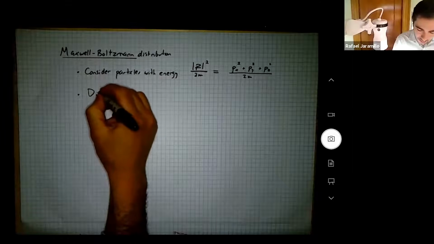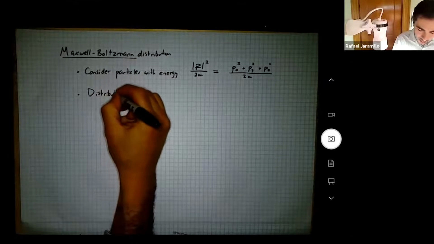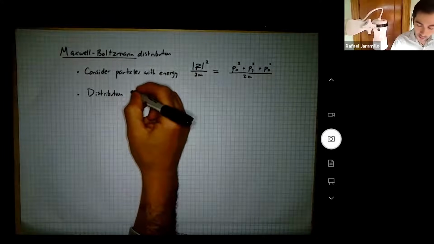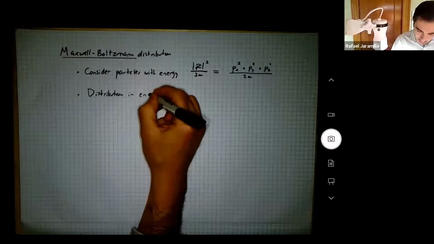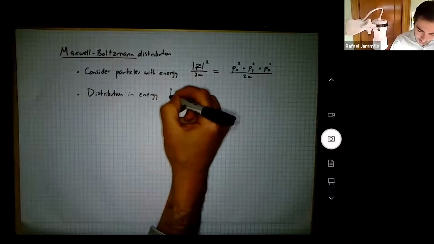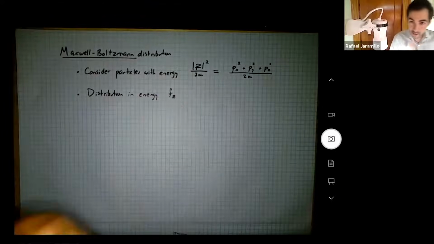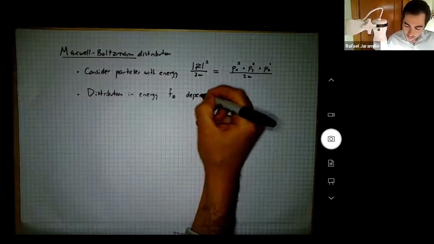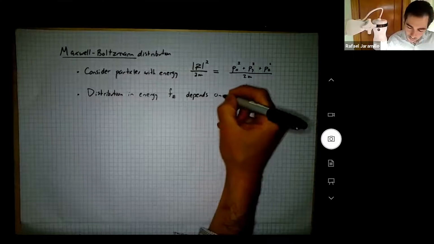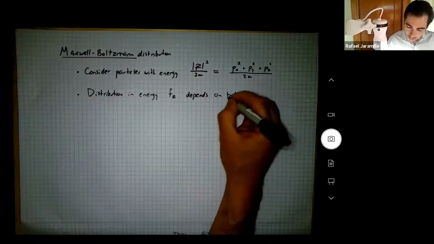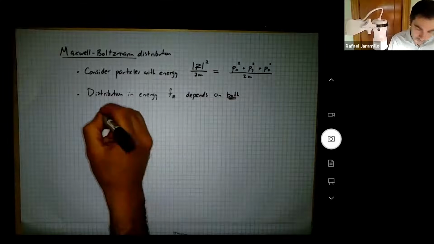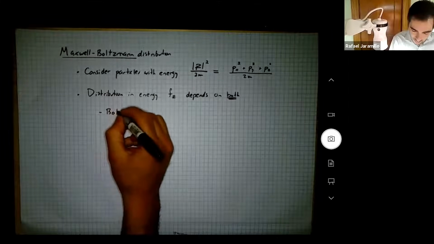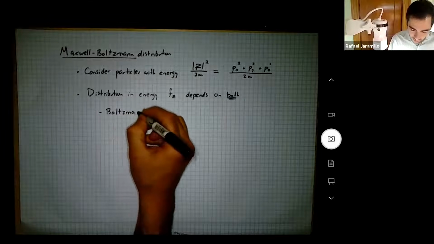So this distribution in energy, I'll use f of E for consistency with Wikipedia. It depends on both the Boltzmann distribution. I had an error in my notes there.